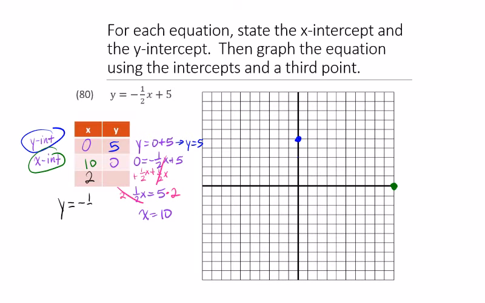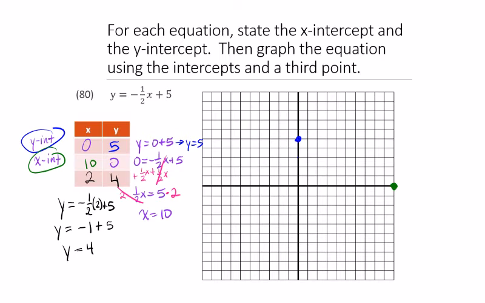So y equals negative 1/2 times 2 plus 5. So negative 1/2 times 2 is negative 1, right? 2 times 1/2 is a whole. And then a negative times a positive is negative. So we get negative 1 plus 5. So y equals positive 4.